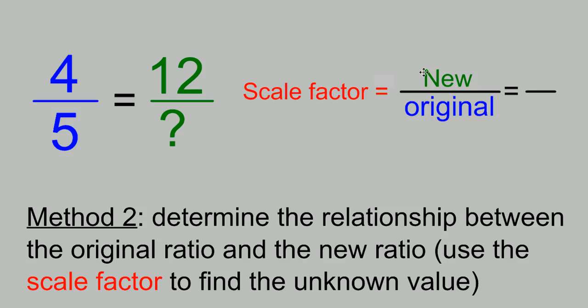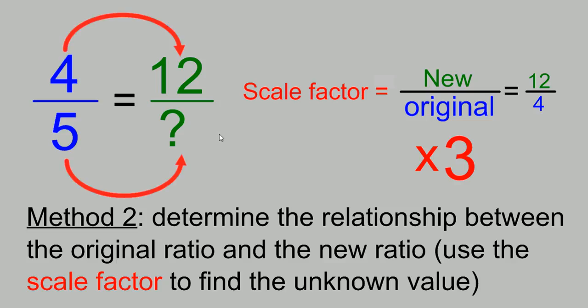As you can see, it's color coordinated green, and the original was 4. We put 12 over 4, and when you simplify that, we get 3. So that tells us that we're going to multiply by 3. We look at the relationship. Here you're multiplying by 3. So I just take 5 times the scale factor, 3, and I get my new value of 15.